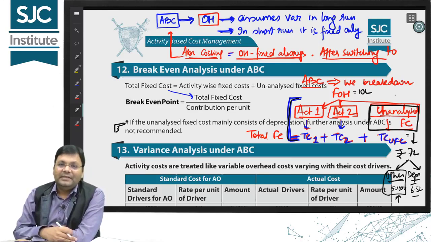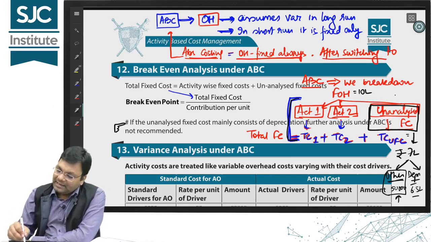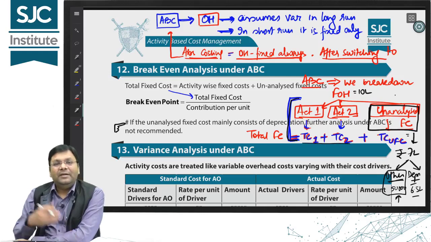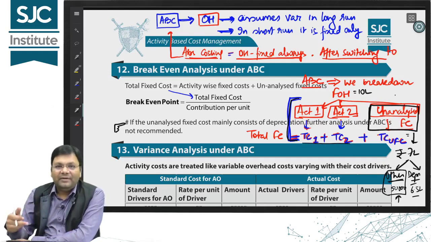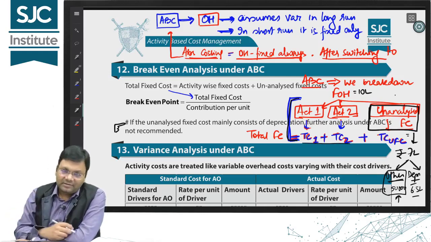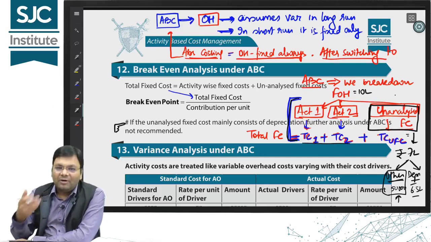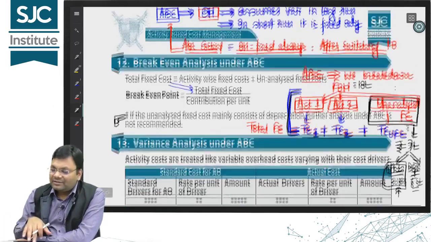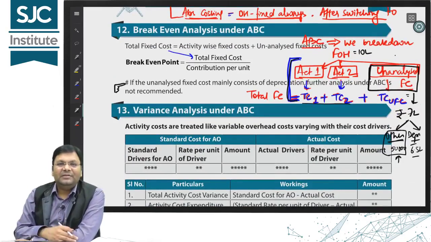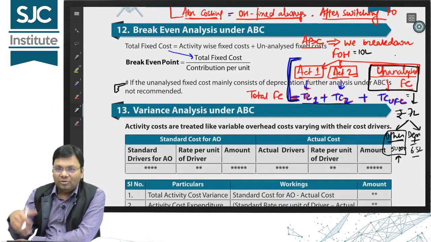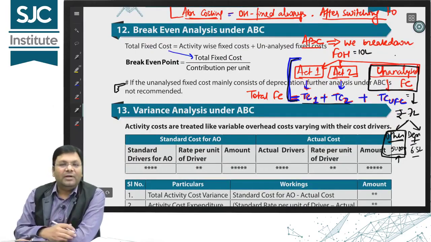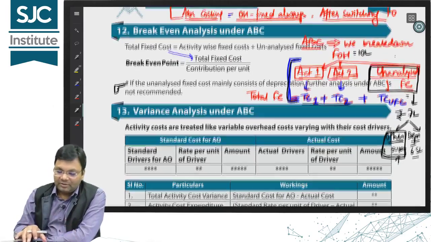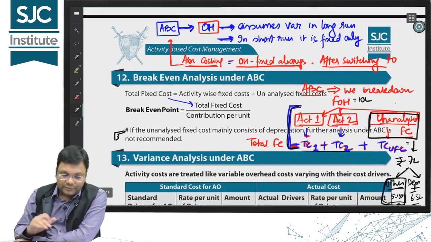And how will that total fixed cost be computed? Activity wise cost plus unanalyzed fixed cost. But in the long run, by studying the activities, you may reduce activity wise cost, but if unanalyzed cost mainly consists of depreciation, there is no use of analyzing it over and over again. Okay, so this concept also I have discussed with you.